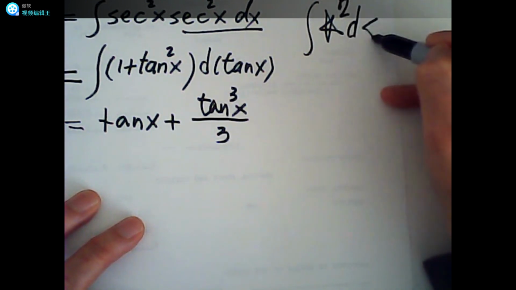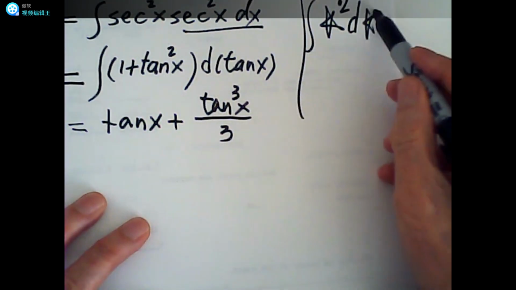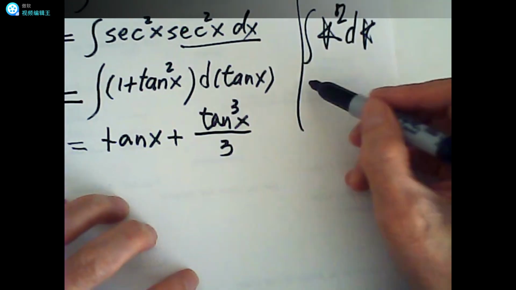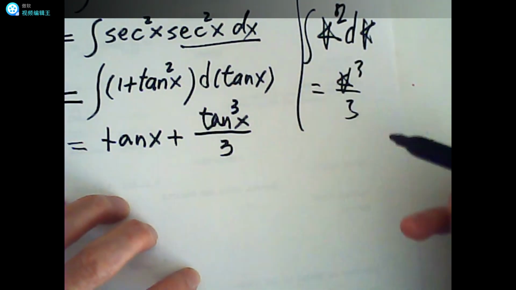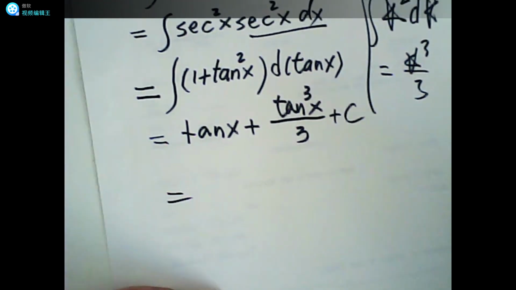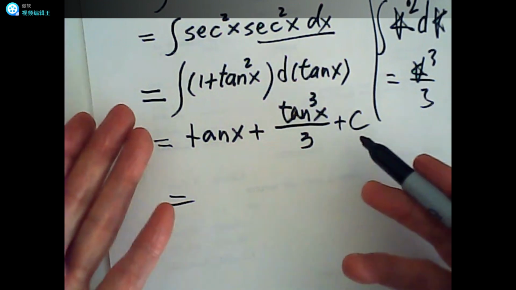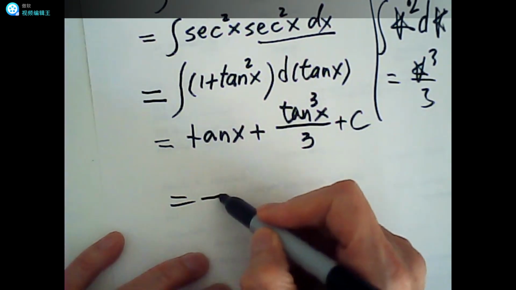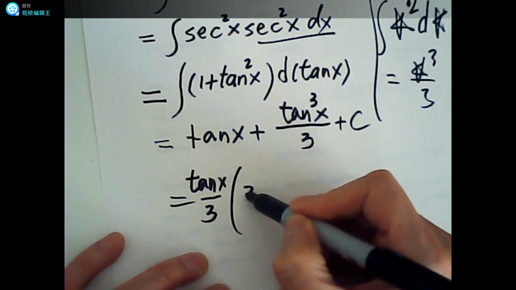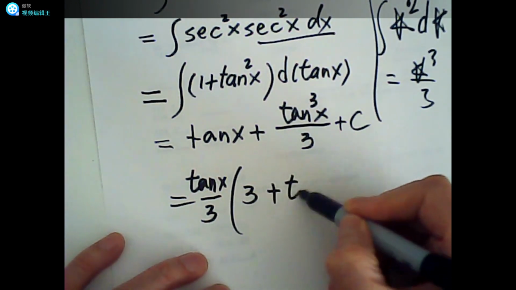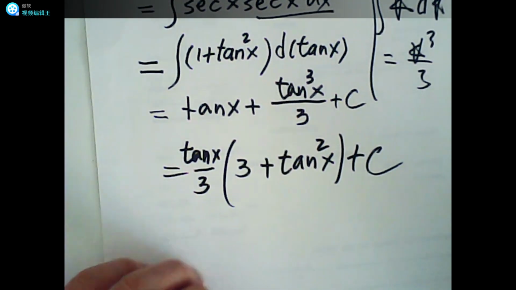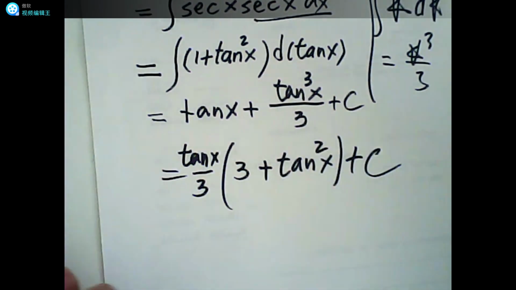Plus C. So we finished. Now, if you want to put it nicely in the result, that's another story. We just common factor: this one is tangent x, and there's a 3 plus tangent square. Oh, this is just algebra, okay? It looks better than that.